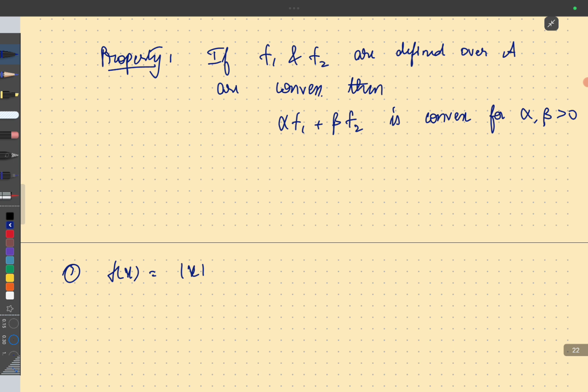Is this convex or not? Okay, why is it convex? I won't agree with by graph. Visual proofs are not okay.